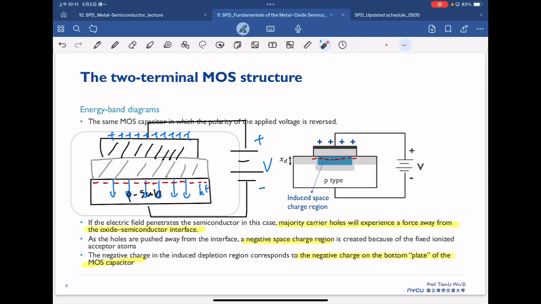Okay, so now we move to the case where in the end we will want to use a band diagram to systematically understand the case under negative or positive bias.